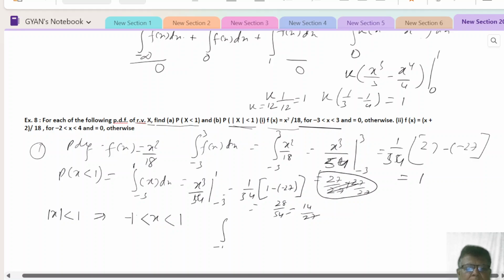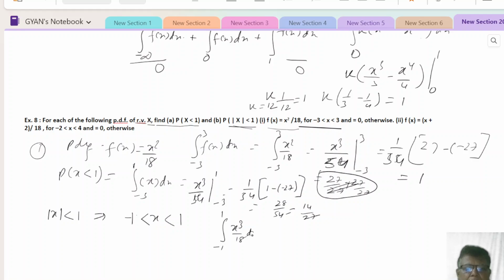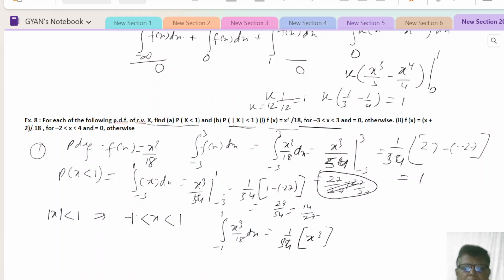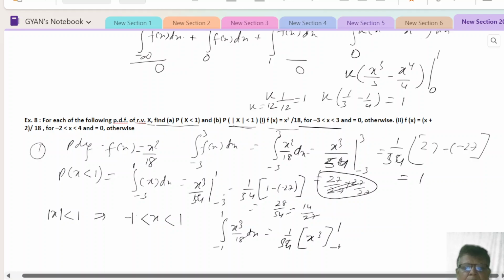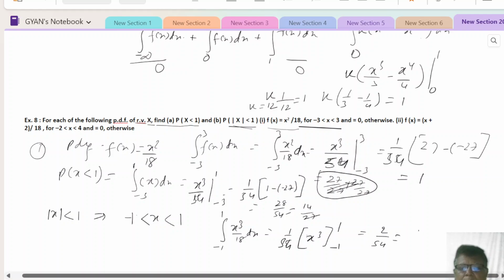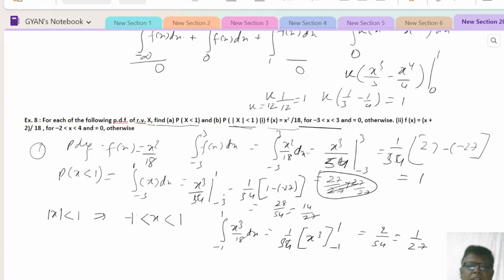So minus 1 to 1 x square x cube by 18 dx equal to 1 by 54 x cube from 1 to minus 1, that means 2. So that is equal to 2 by 54 is equal to 1 by 27. So that is the answer.